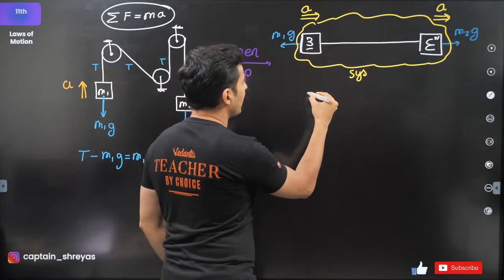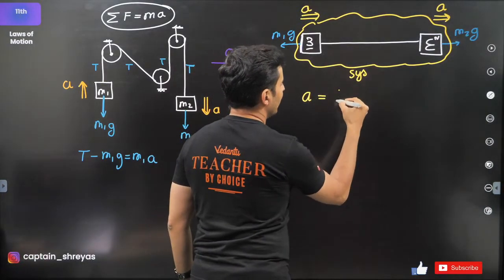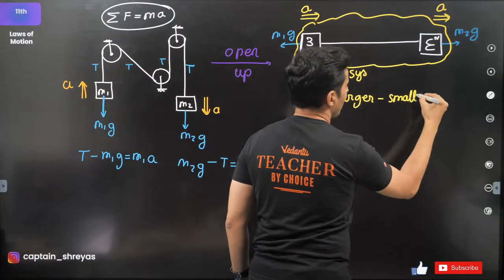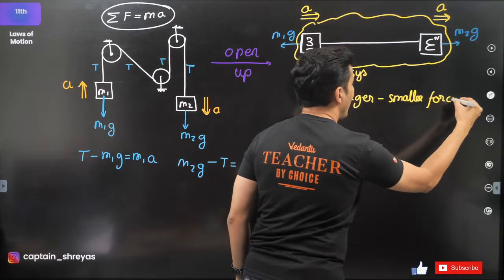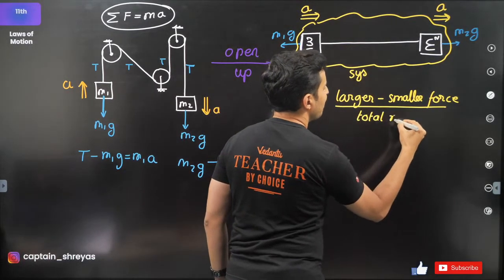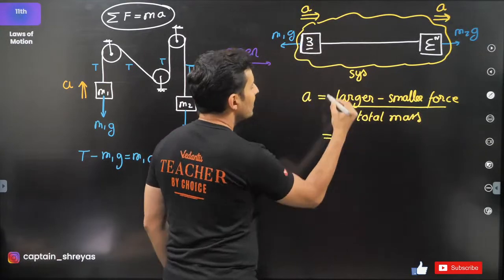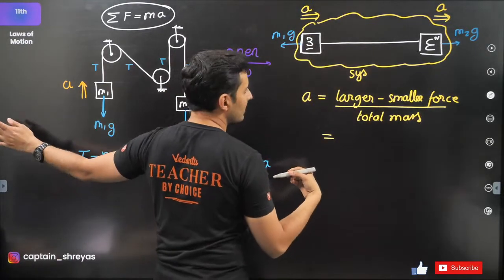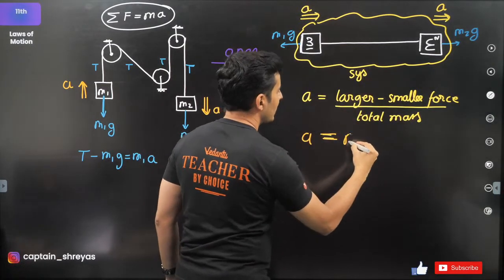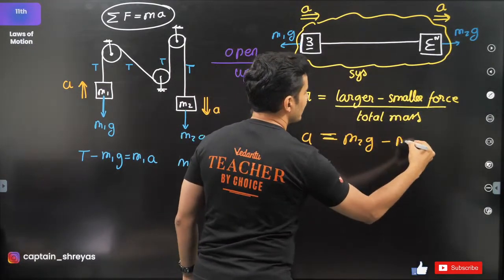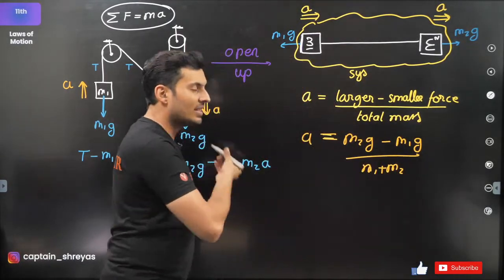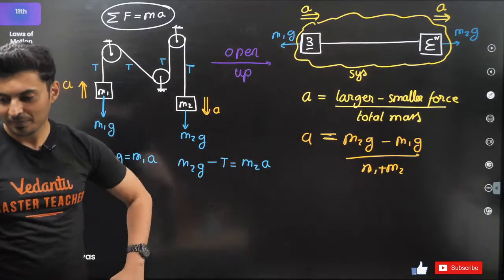So I can also say my acceleration is the larger force minus the smaller force, divided by the total mass. So you can directly say larger force in this particular scenario is nothing but m2g, smaller force, let's say m1g, total mass is m1 plus m2. So this is an easier way to solve the question.